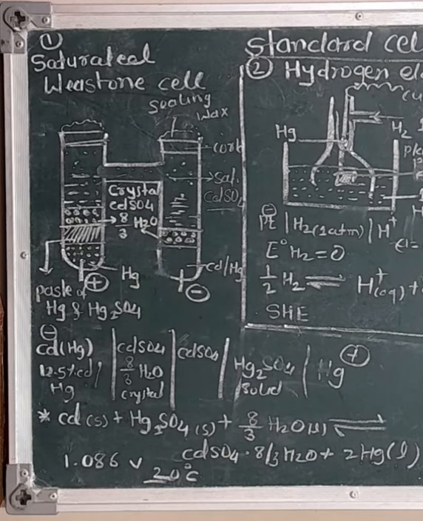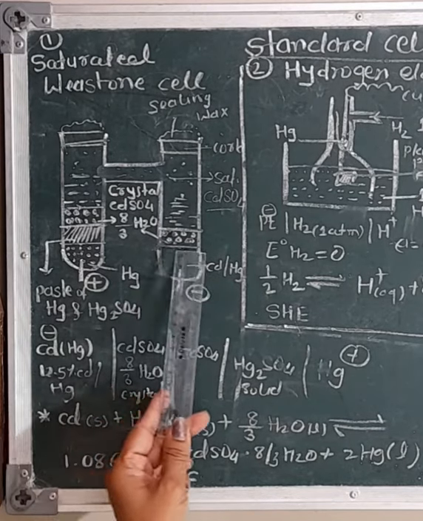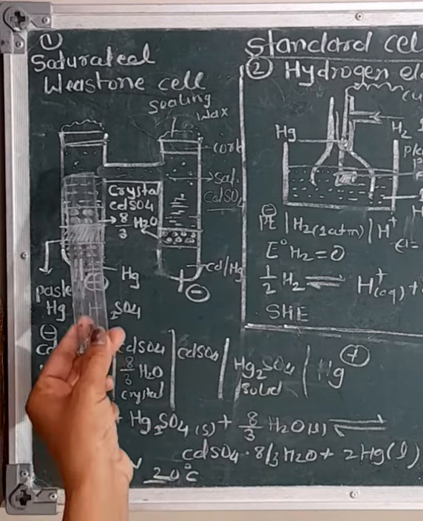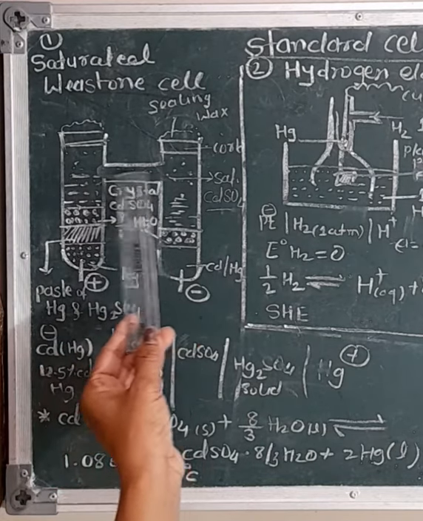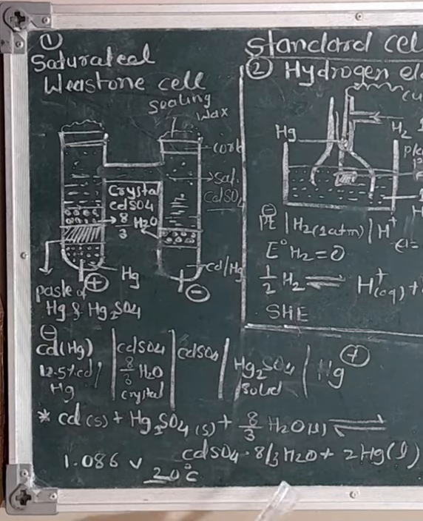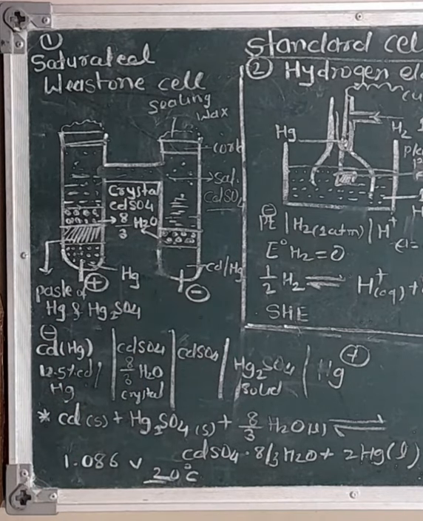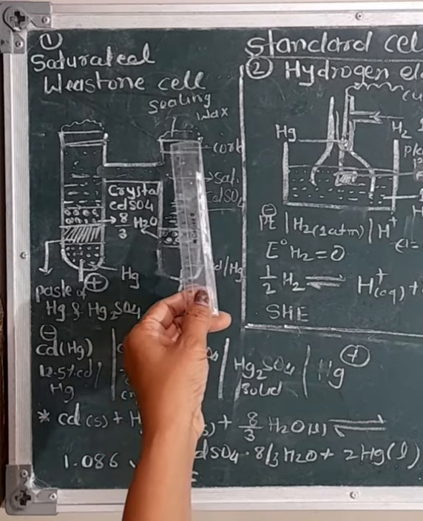The first one is the saturated Weston cell. So friends, the construction of the saturated Weston cell is represented here. Look, it is an H-shaped glass tube having a cavity in between them, and there is an arrangement of the chemical crystals which are used in it.